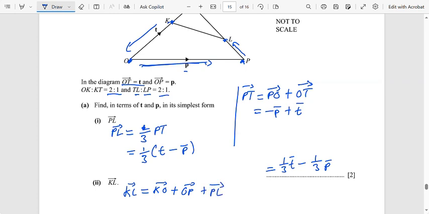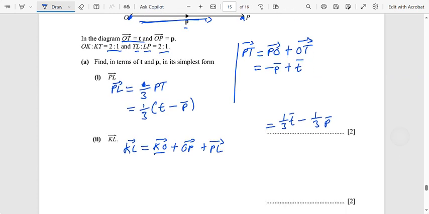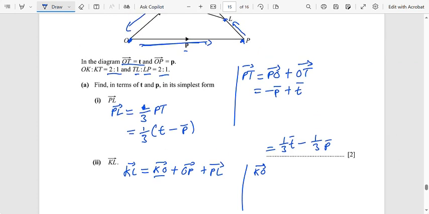So from the look of things, I have vector PL, I have vector OP, but I don't have vector KO. So that's what I need to first of all find. So vector KO.